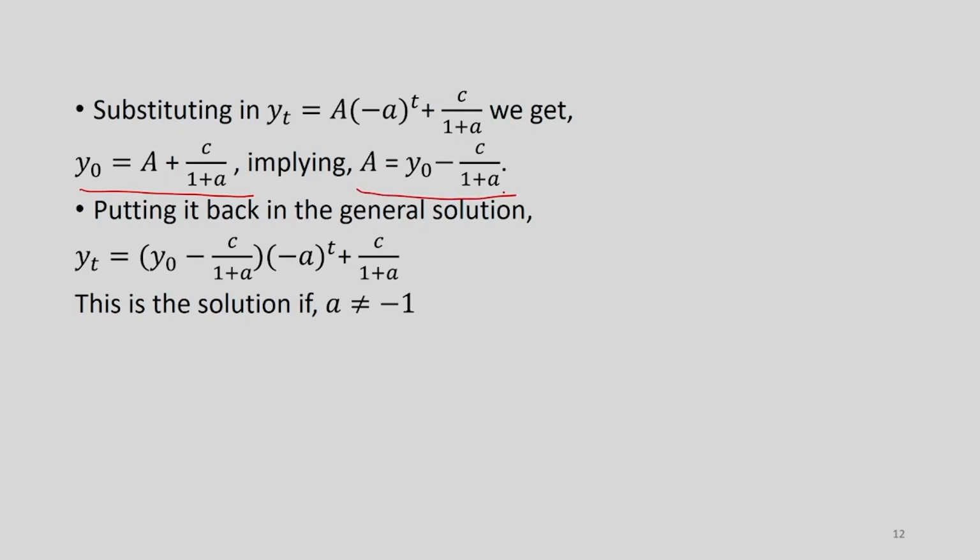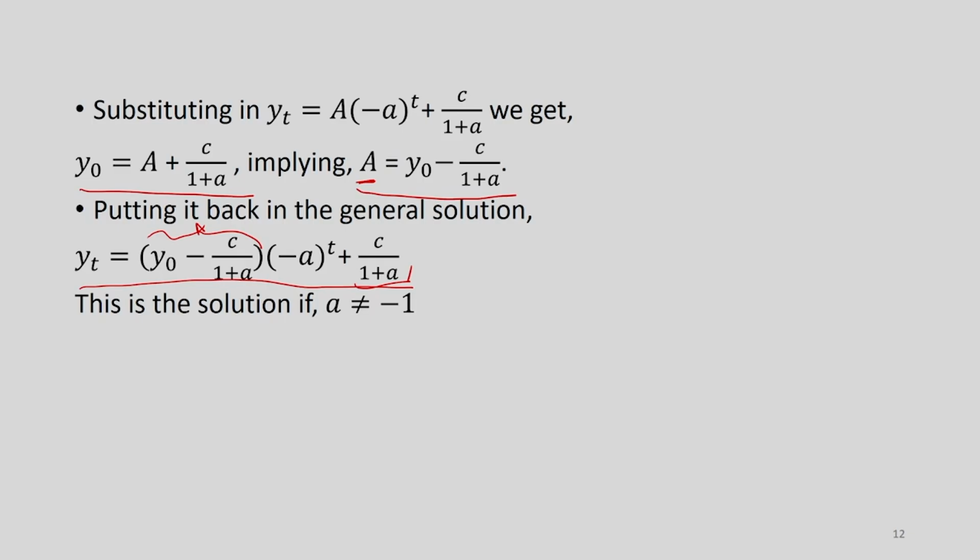That gives me the value of capital A. Okay. So, the arbitrary constant has been gotten rid of, and so I substitute this capital A back into the general solution, and I get this expression: y t is equal to y 0 minus c divided by 1 plus a. This was the capital A, all right, multiplied by minus a to the power t, plus the particular integral, which was c divided by 1 plus a.